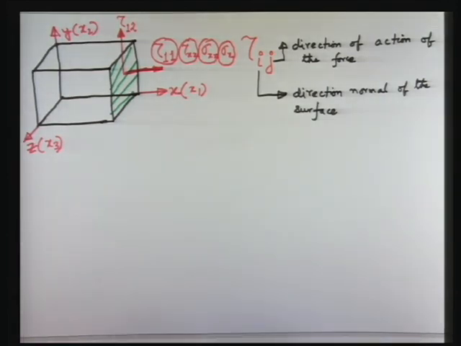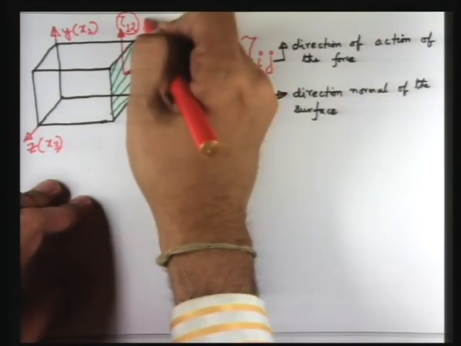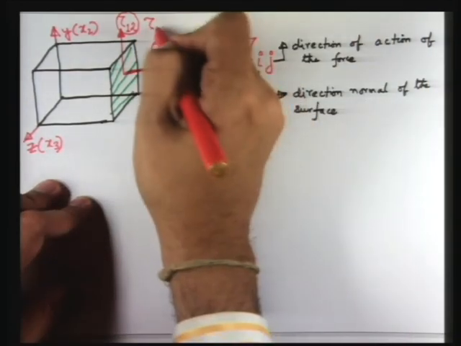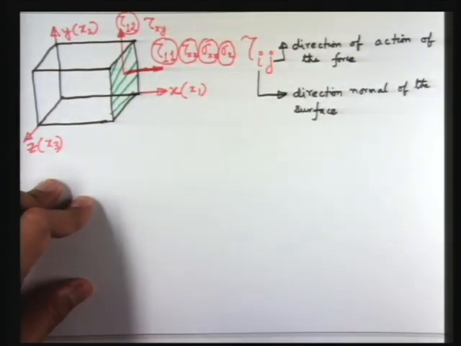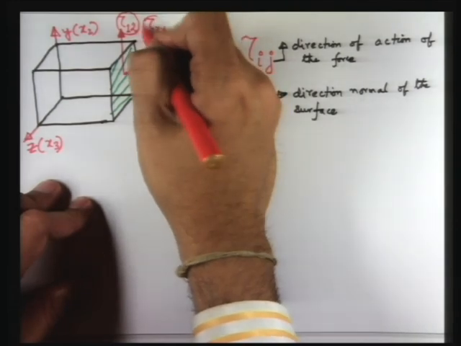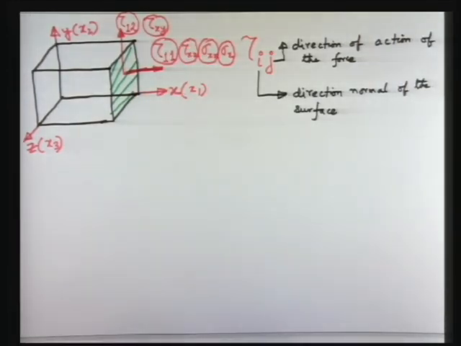So the alternative notations, in place of this you could write tau xy, 1 for x and 2 for y. These are the really two very standard notations for representing the same thing.